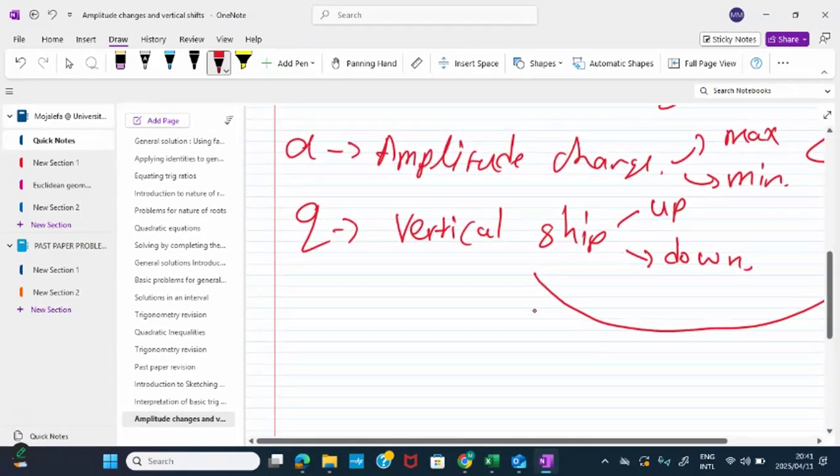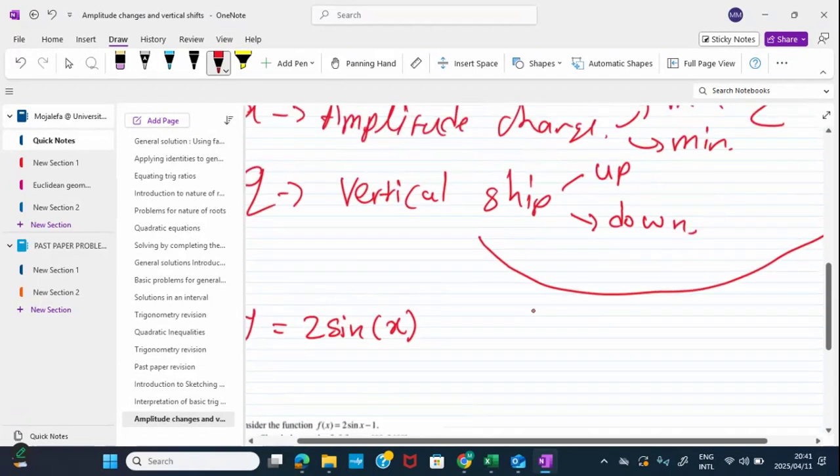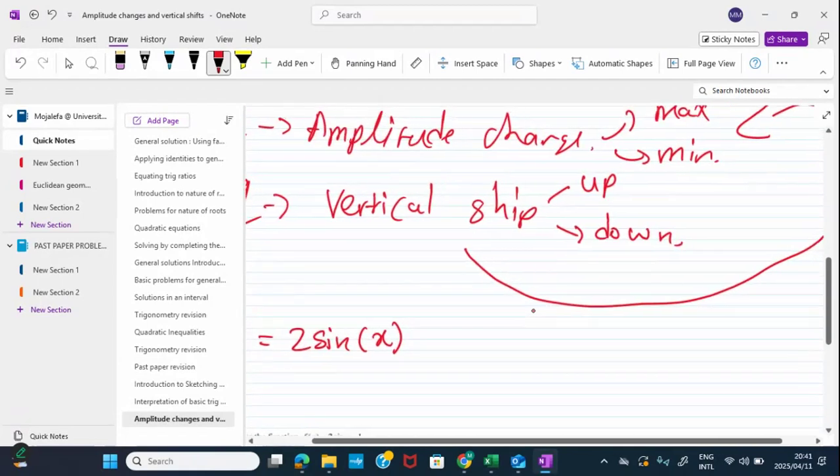So it's fine. So let's say I give you this graph. y is equal to 2 sine x. Let me give you that basic graph. What did we say? If in case I make a rough sketch of it, I know that it's gonna look something like this. Here it must be 2, there it must be -2, right?